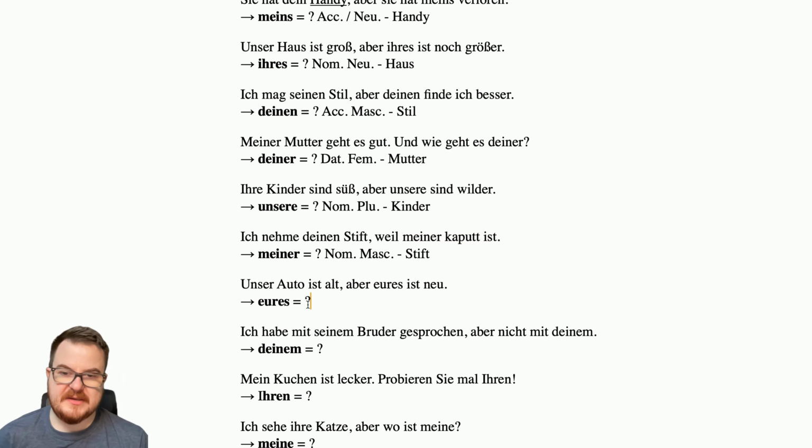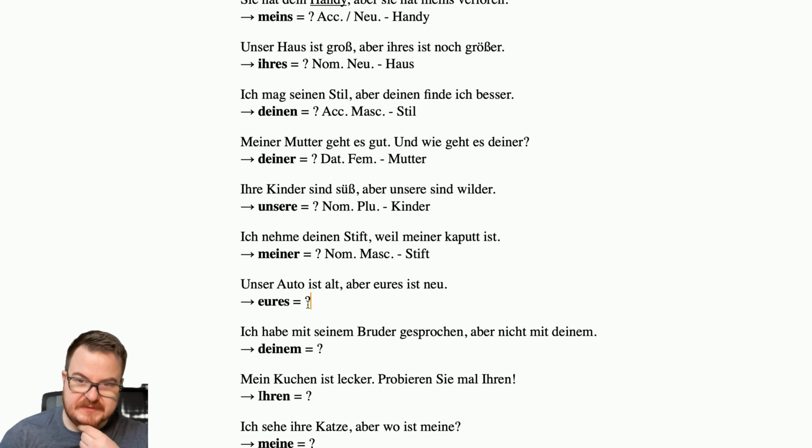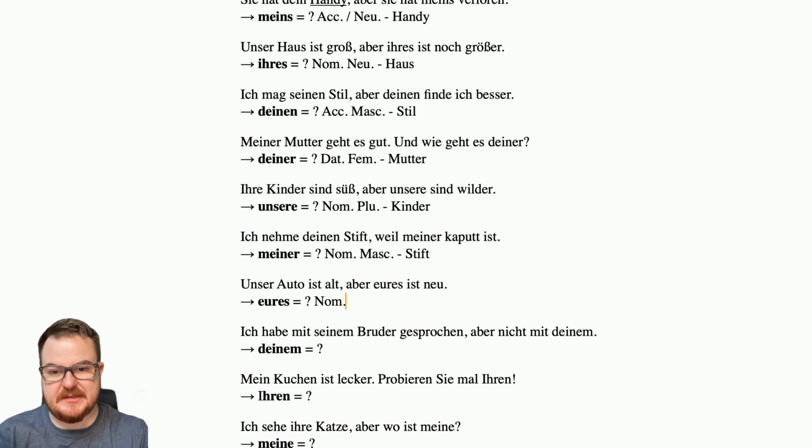Then we have eures. Unser Auto ist alt, aber eures ist neu. So eures in this sentence in this clause is nominative, and it's also replacing something that's neuter, and the word it's replacing is Auto. Okay, good.